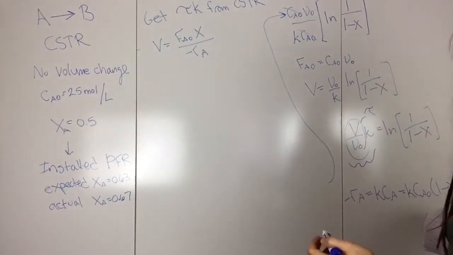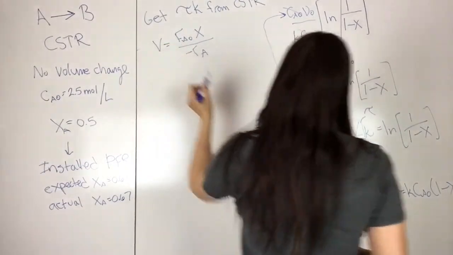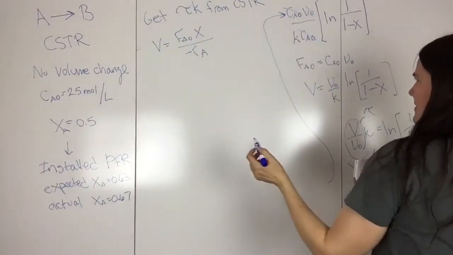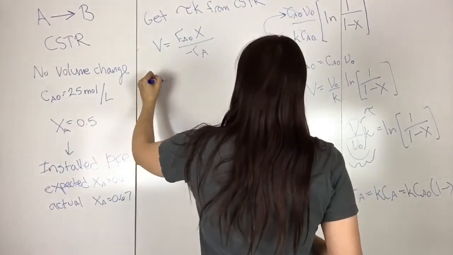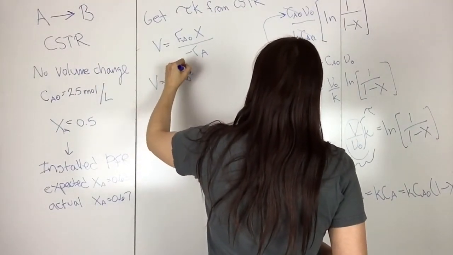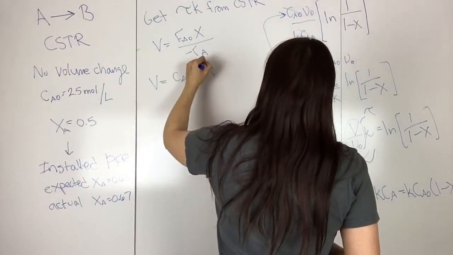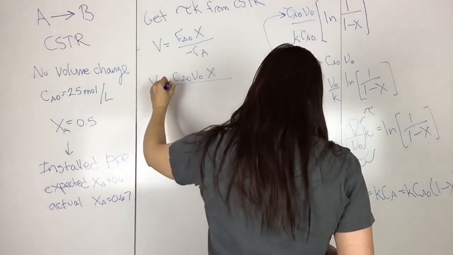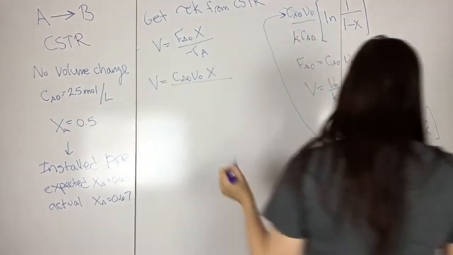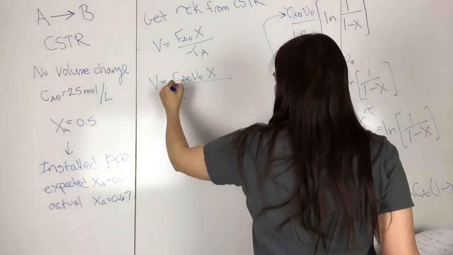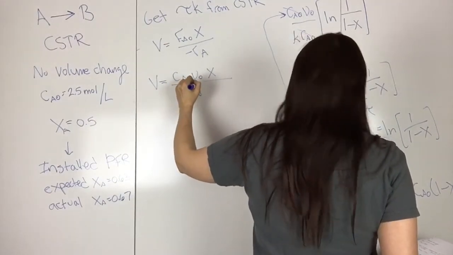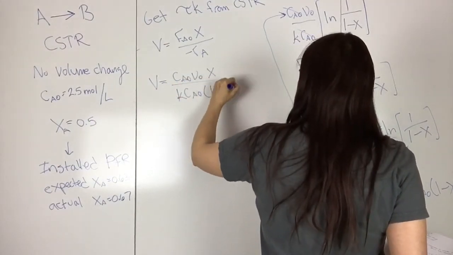So we just put that in here. And we also know that F_A0 is C_A0 v_0, so V is equal to C_A0 v_0 X over k C_A0 (1 minus X).